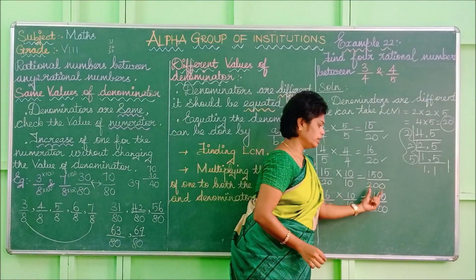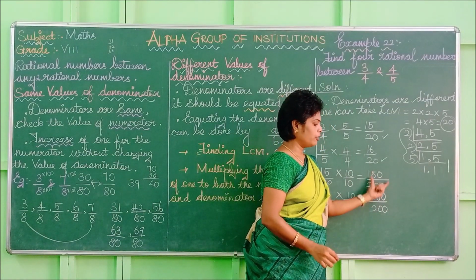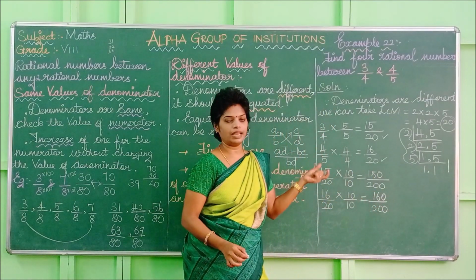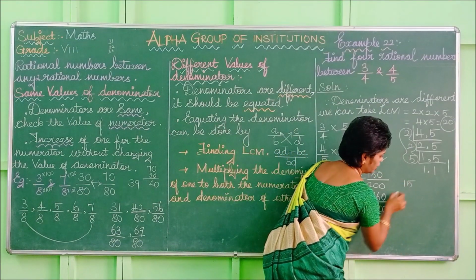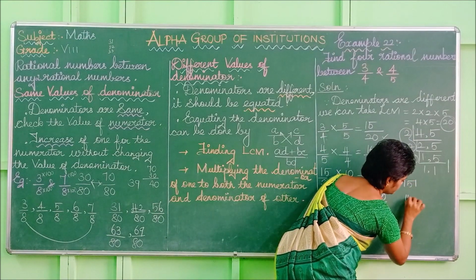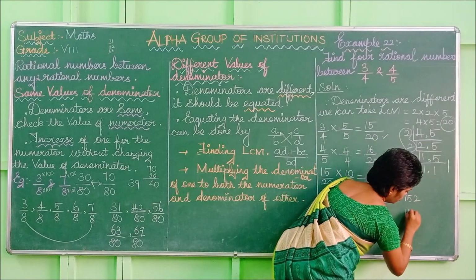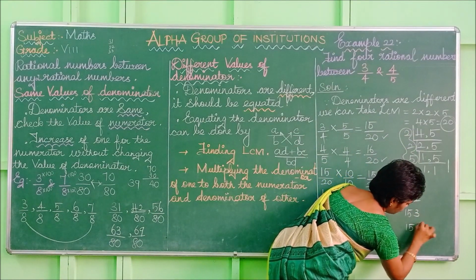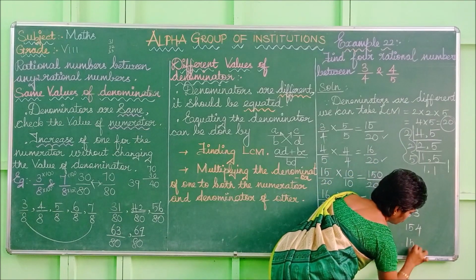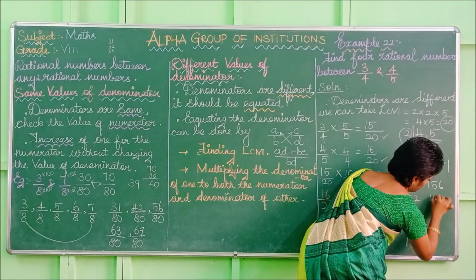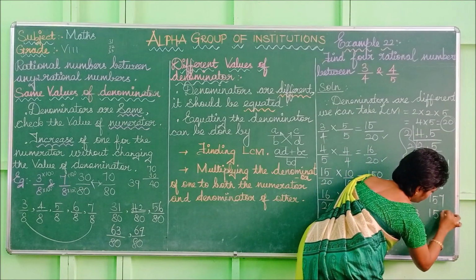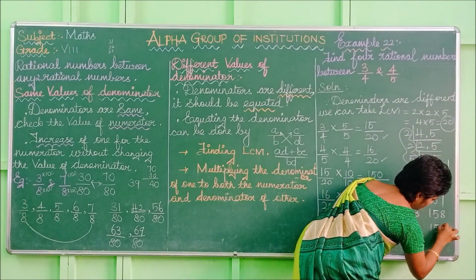Let's check, both the denominators are the same. Our numerators will be 150 and 160. So you can write the numbers between 150 and 160: 151, 152, 153, 154, 155, 156, 157, 158, 159.